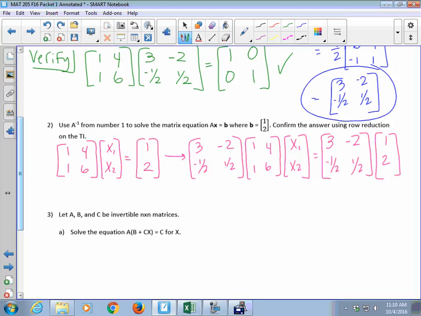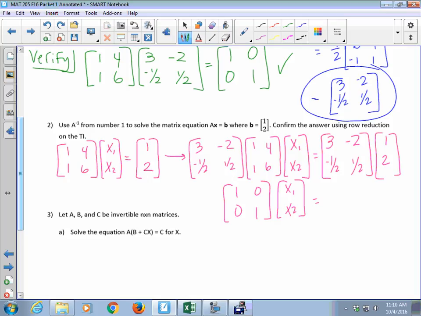And then what is A inverse times A? What do you get when you multiply a matrix times its inverse? The identity. So this is 1, 0, 0, 1 times x1, x2. And then when you multiply these together, let's see, we're going to have 3 times 1 plus negative 2 times 2.